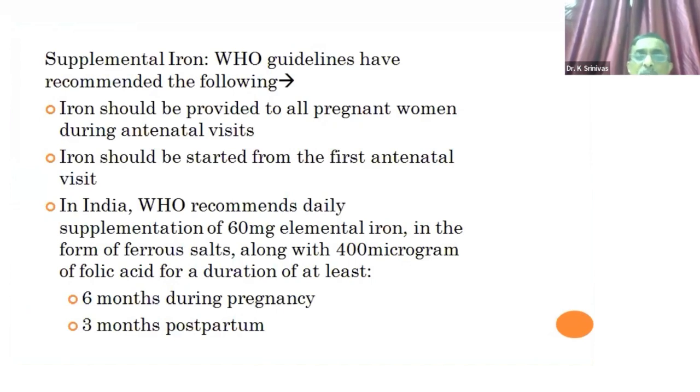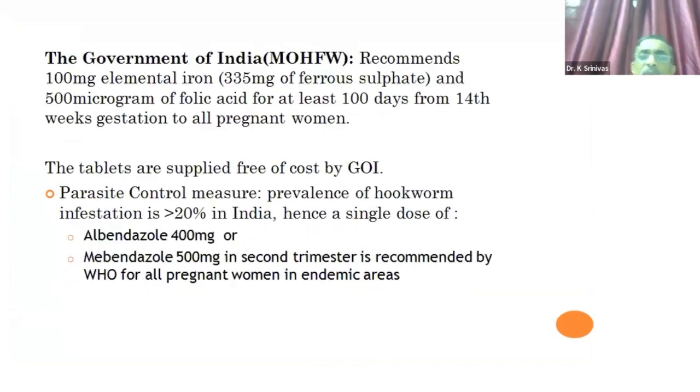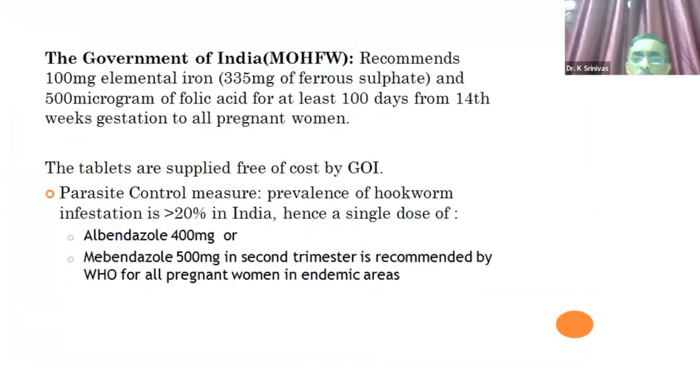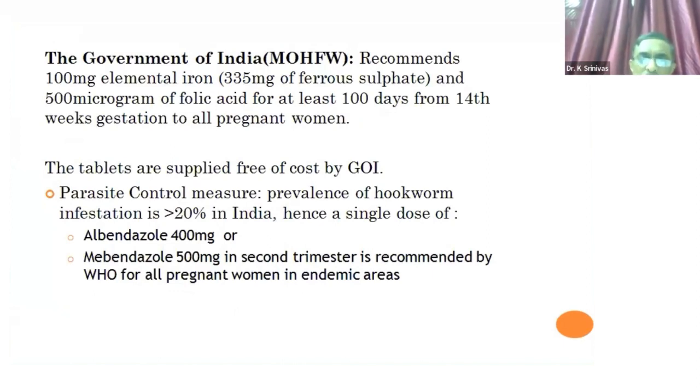So this is the minimum recommendation by WHO, and you have a slightly different recommendation by the Government of India, which recommends 100 milligram of elemental iron and 500 microgram of folic acid. Students, just go and check in your hospitals what is the tablet that is available in your stores.